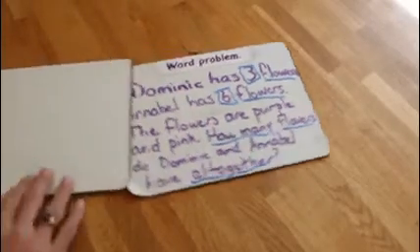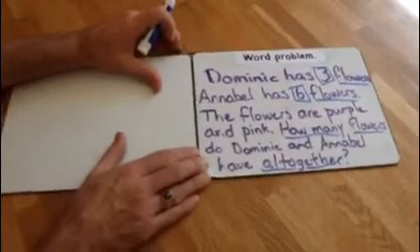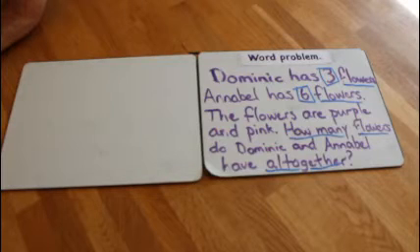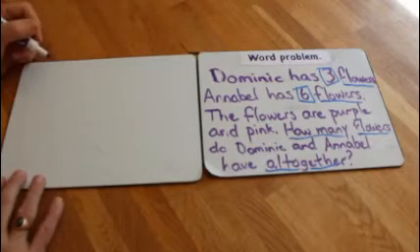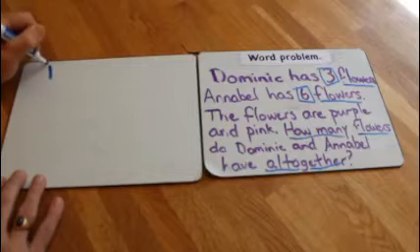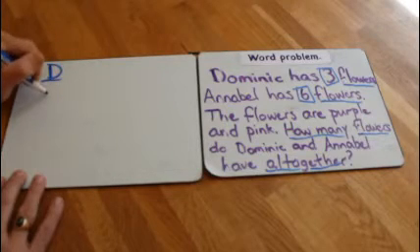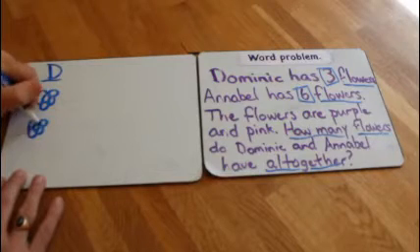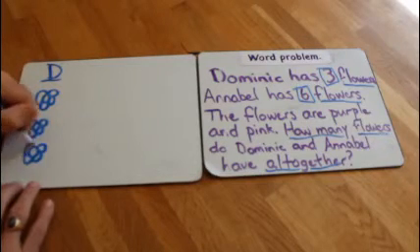So we're going to look at this. I know you can do your mental math. 6 plus 3 or 3 plus 6. We can also do our pictures. So Dominic, he has 3 flowers. 1, 2, 3.